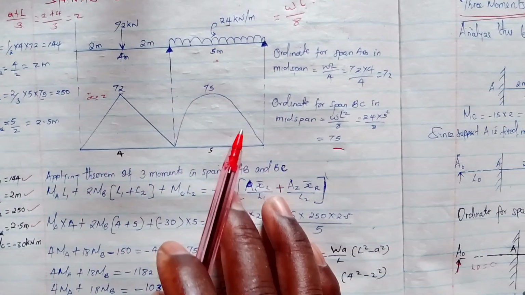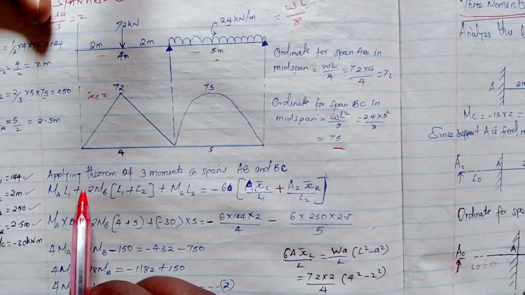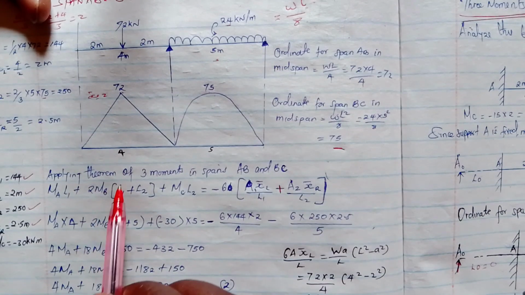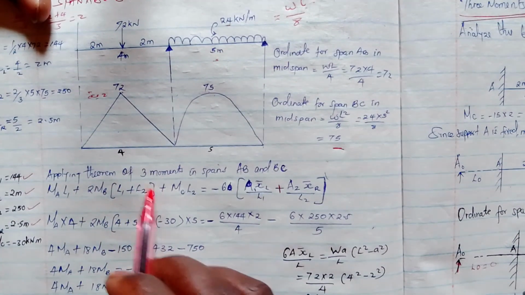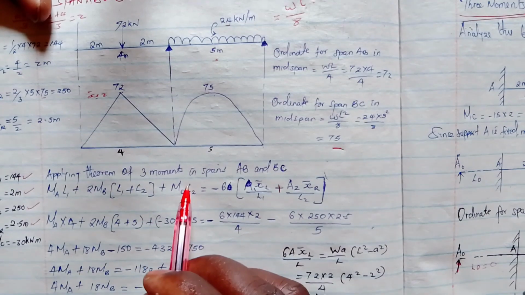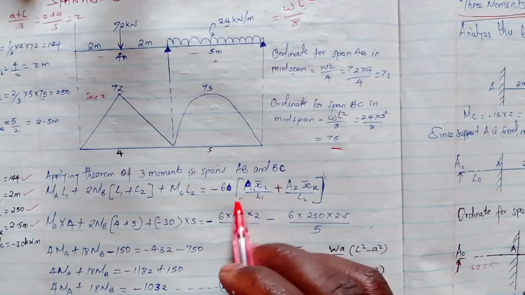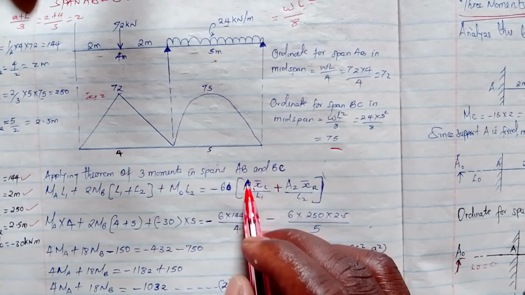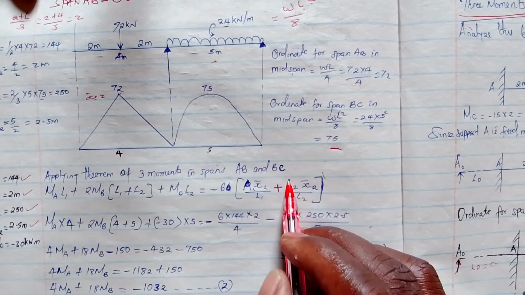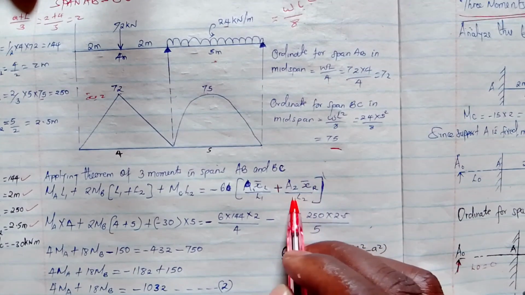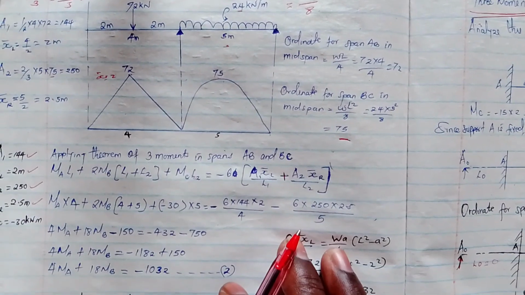The normal formula is MA L1 plus 2MB open bracket L1 plus L2 close bracket plus MC L2 is equal to negative 6 close bracket area 1 center of gravity left plus area 2 center of gravity right over L2 by L1. So we use this formula.